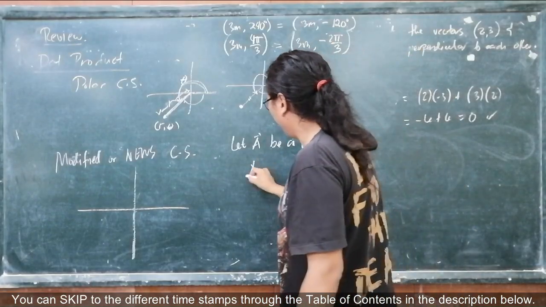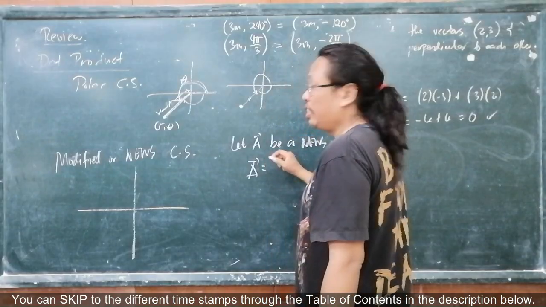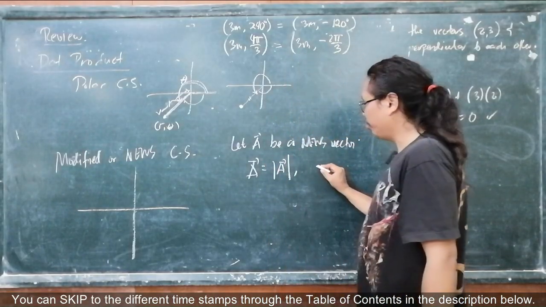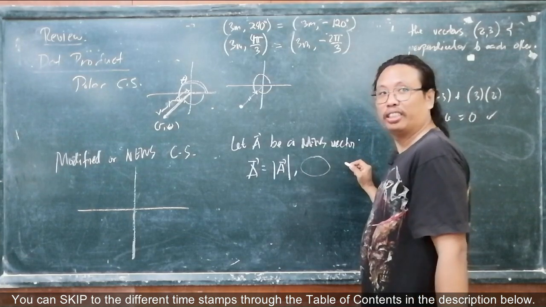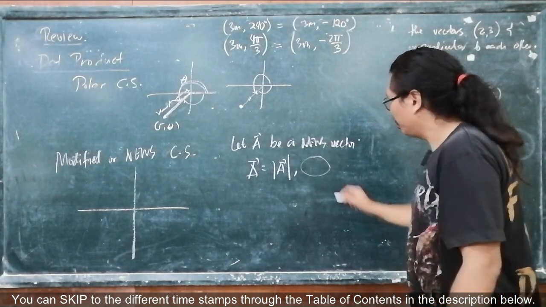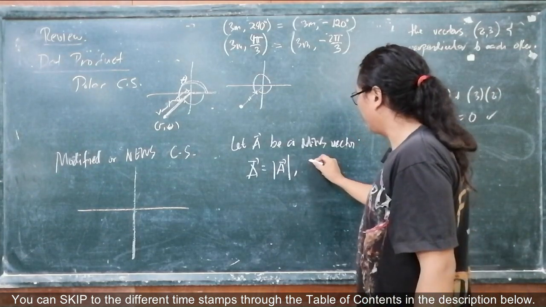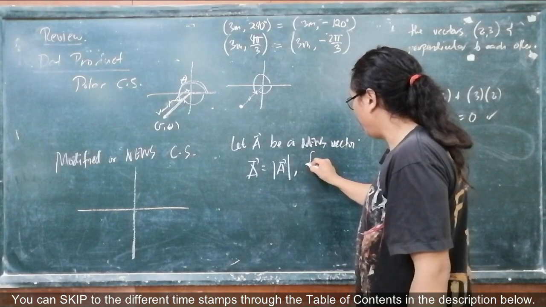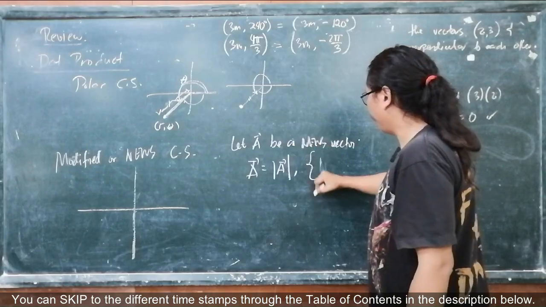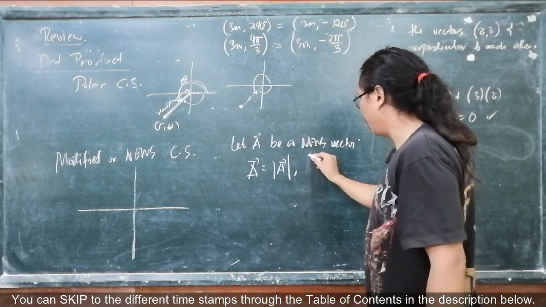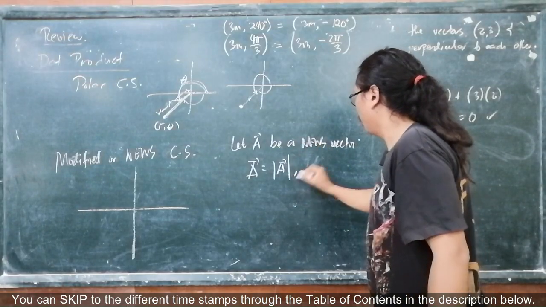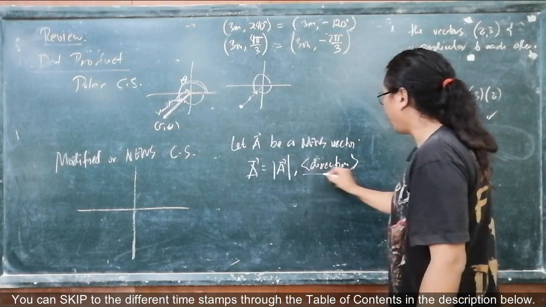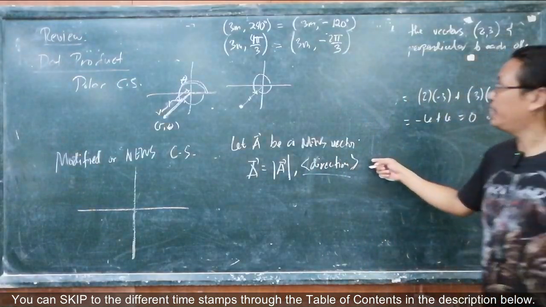So that we can write A in terms of what? The magnitude of A and direction here. Okay? The magnitude of A and some directionality. Let's say either of this. Anyway, I'll just put some direction here. And this direction is where the difference lies.